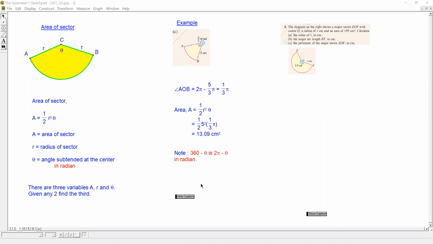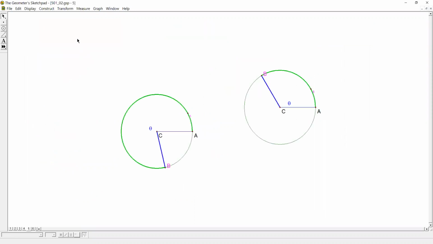So if I want to find the angle, I will use 360 minus 330 equals 30 degrees, something like this. But it is not so easy like this because the angle is given in radian. So if given in radian, I have to use radian.